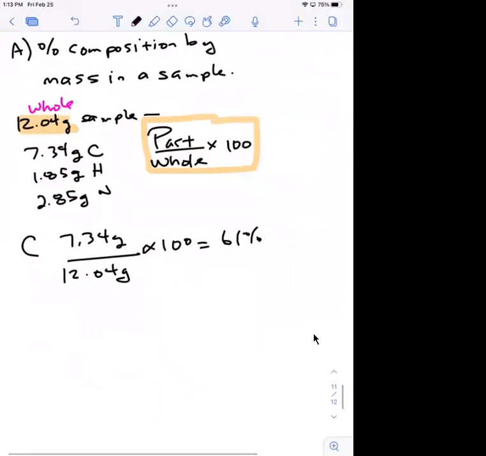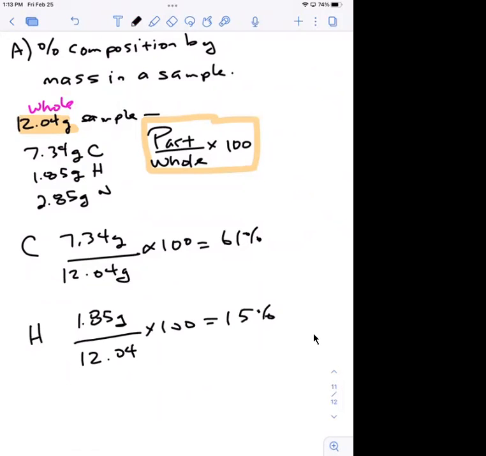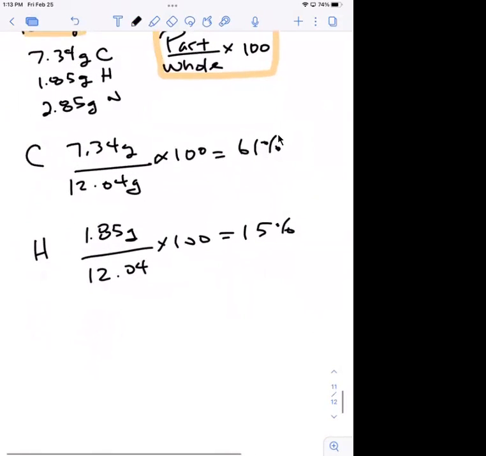And then if we do the hydrogen, same thing: 1.85 grams divided by the total, which is 12.04, part over whole, times 100. And that's 15%. And by default, the last element has to be 24% because everything has to add up to 100%.